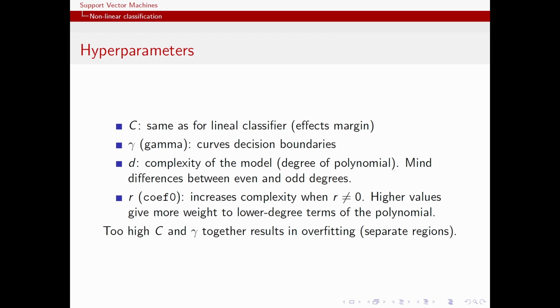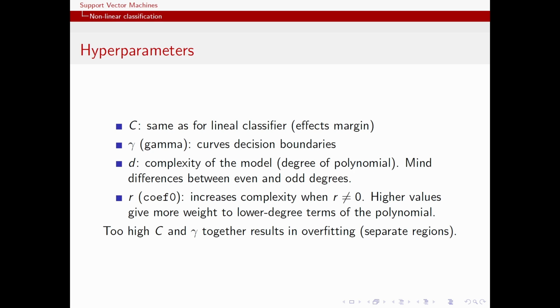Another hyperparameter is gamma, and that influences the curves of the boundaries. If we have a high c and high gamma, then it will risk separating the points into their separate regions, which will result in overfitting. If your model is overfitting, try tuning down c or gamma or both of them.